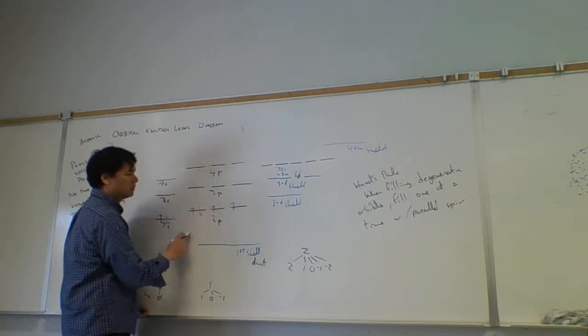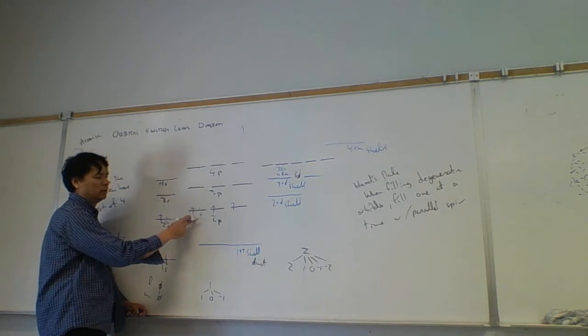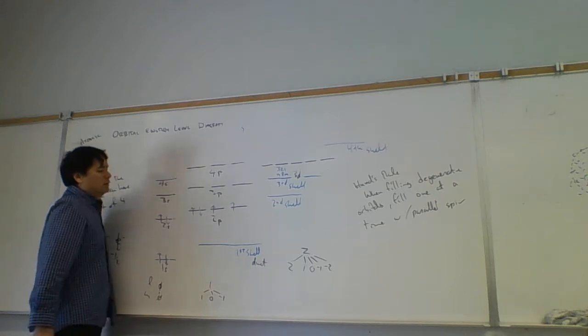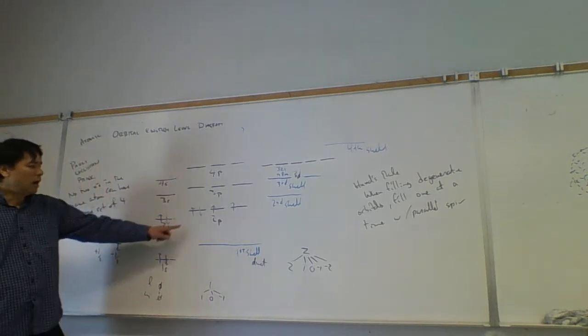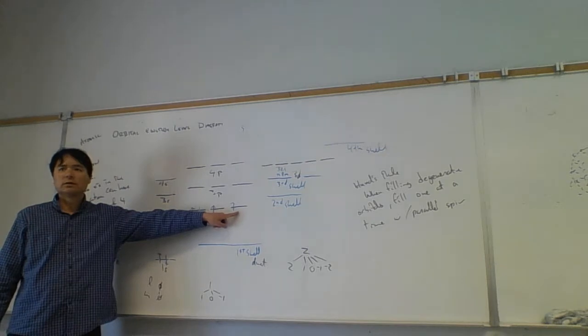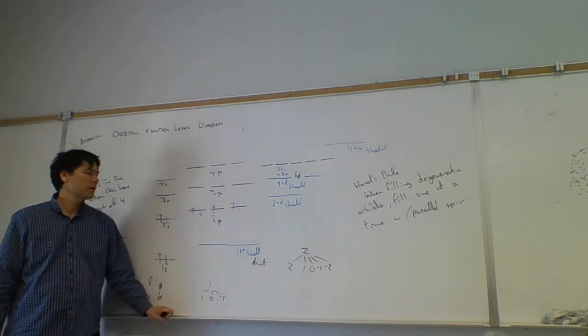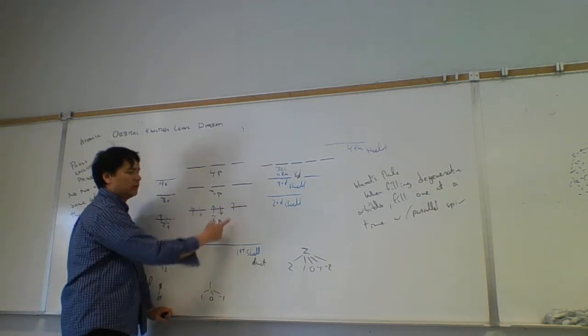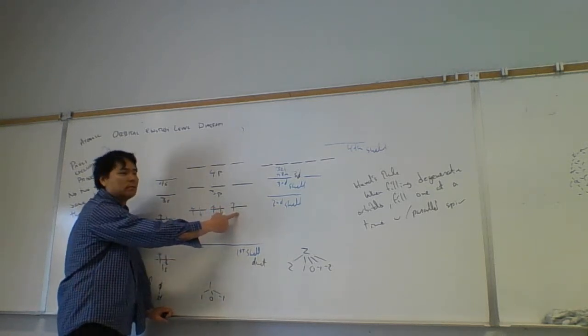What can oxygen do? Now we have to pair. And when we pair, there's something called pairing energy, but there's no other way to get around this other than to pair. Oxygen can gain 2, form oxide. And then we go to fluorine. Fluorine will only want to gain 1.